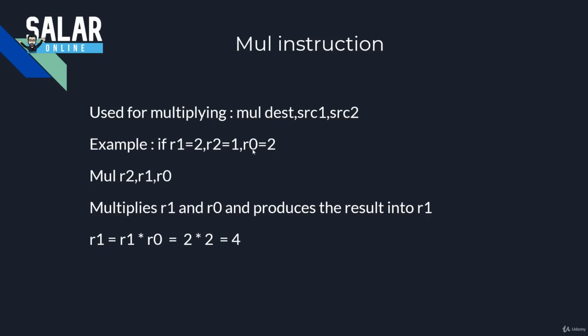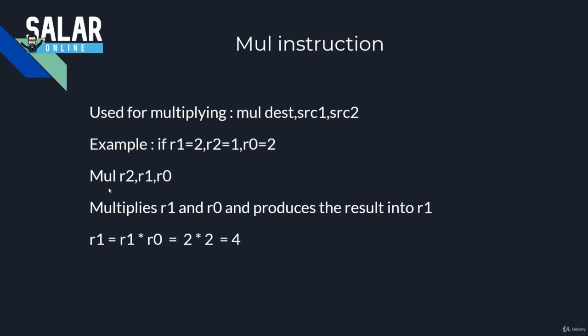These are three registers, with R1 holding 2, R2 holding 1 and R0 holding 2. We can look at here, it says MUL R2, R1 and R0. So R2 is the destination register, and R1 is source 1 and R0 is source 2. So it multiplies the values in R1 and R0, that is 2 and 2, and it produces a result of 4, and this 4 is written to R2.